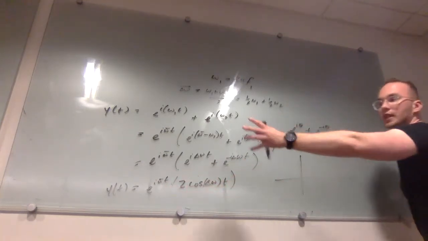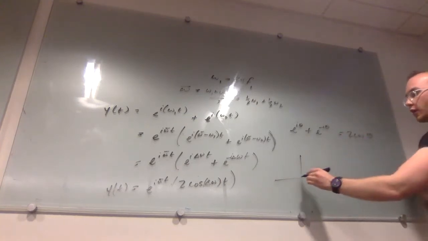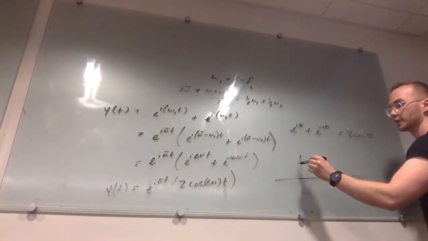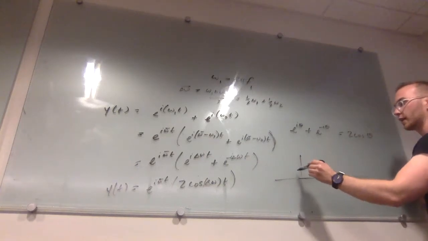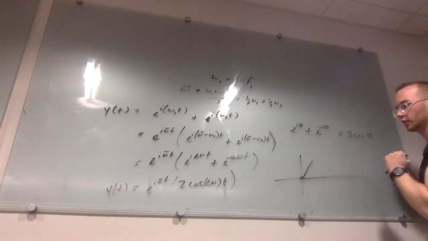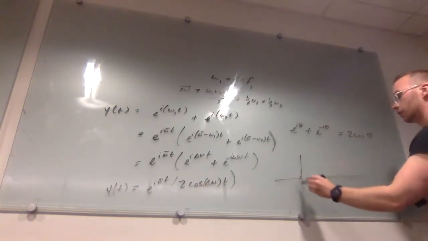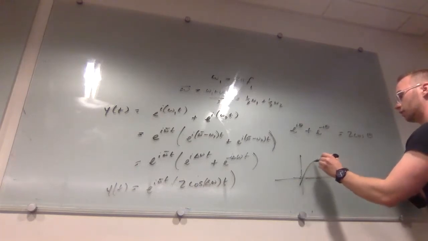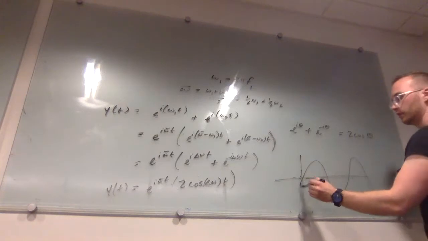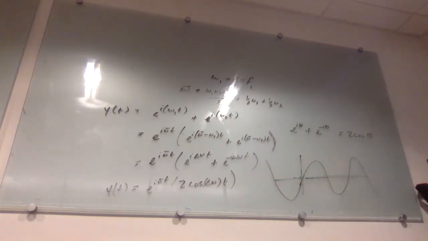So let's say we take the real part, this is like sine of omega bar t. So there's just two oscillators. I don't care about the sine, cosine. So we actually get something like this. If we plot this cosine, we get something like this.